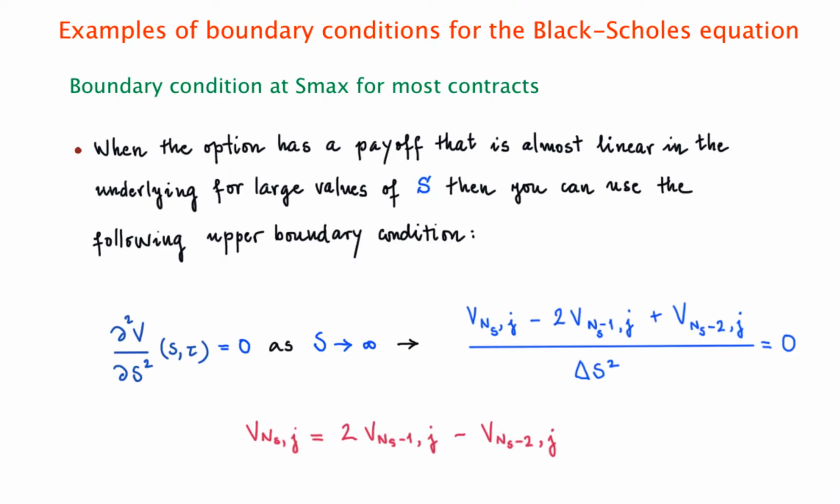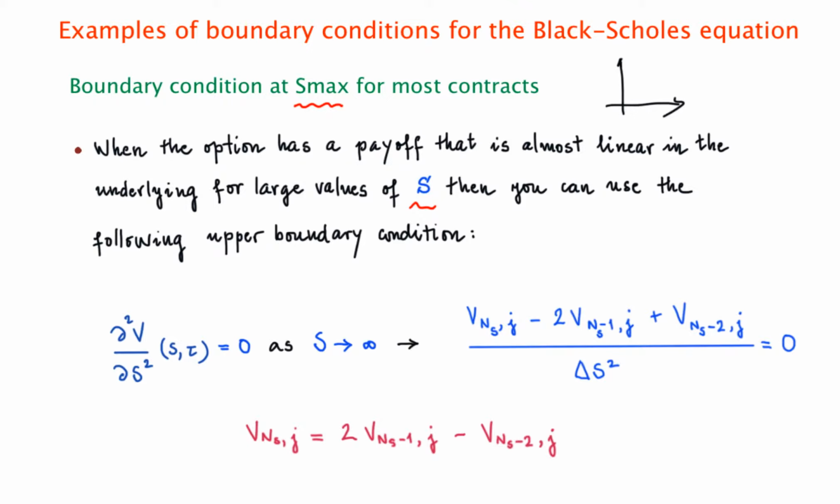On the other hand, another more general boundary condition that we can apply at the maximum value of S, also for most contracts, is this: when the option has a payout that's almost linear in the underlying for very large values of S, then we can use the following boundary condition. This is what happens, for example, whenever you have a European call option.